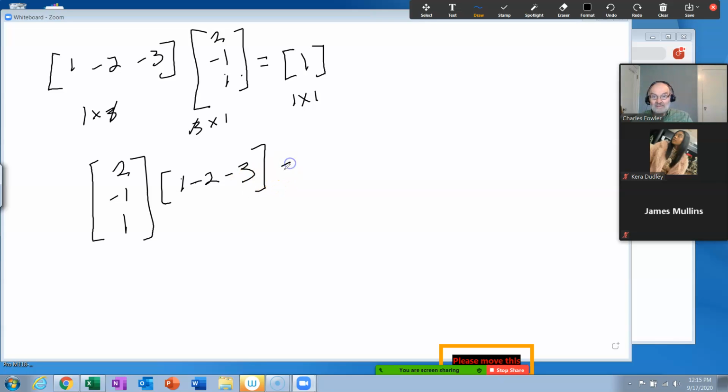Now it almost looks like we're trying to see if they commute. You definitely will see they do not. What size is this? 3 by 1. This one's a 1 by 3. The inner two numbers are the same, so they will multiply, but this gives you a 3 by 3 matrix.